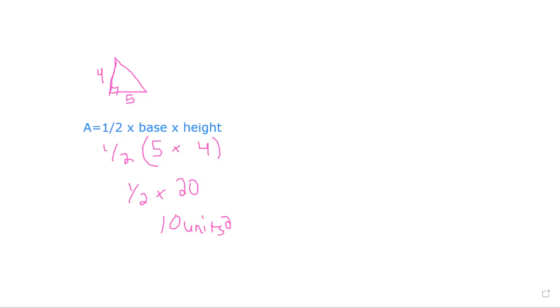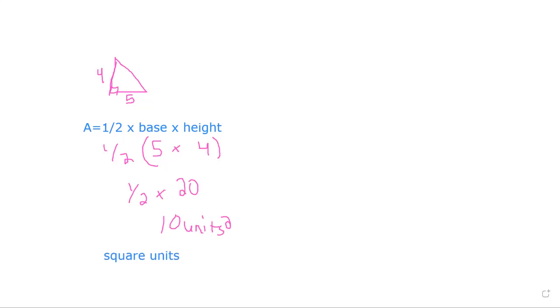If this had a label on it like meters, then we'd say meters squared. And you must have that squared. The other way you can write this, in absence of being able to do an exponent on your keyboard, you could put square units. And that's probably what I'll ask you to do on this practice today.